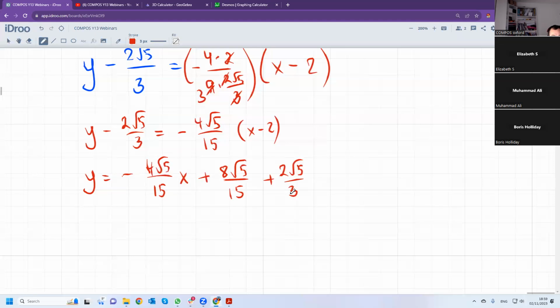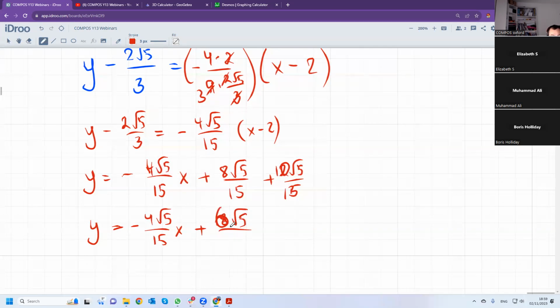So I multiply this by 5, so that's 15, so that's 10. So the equation is y equals minus 4 root 5 over 15 x plus 18 root 5 over 15. 18 over 15, we can simplify that by 3.